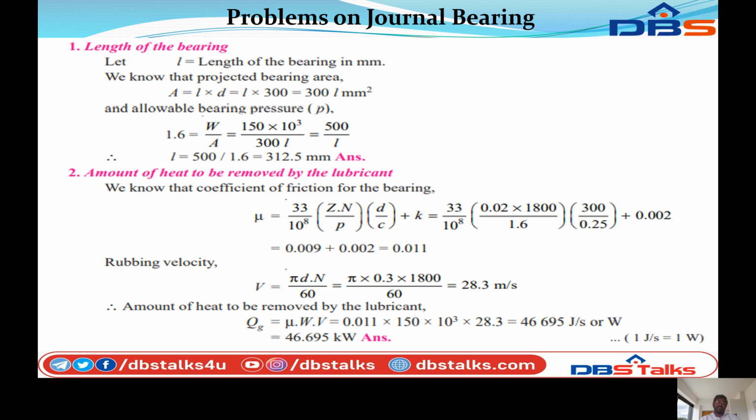First you can calculate the length of the bearing. Let L be the length of the bearing in mm. We know the projected bearing area A is equal to L into D, that is L into 300 mm square.